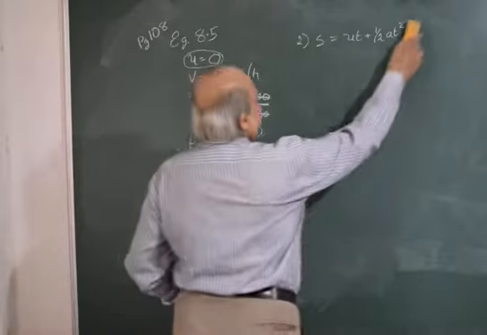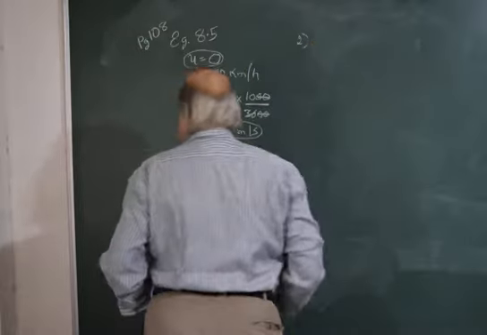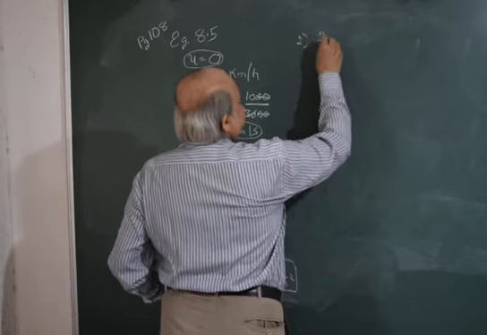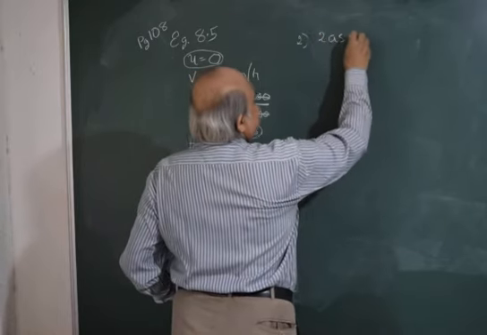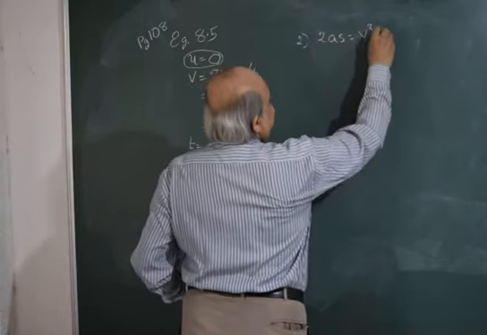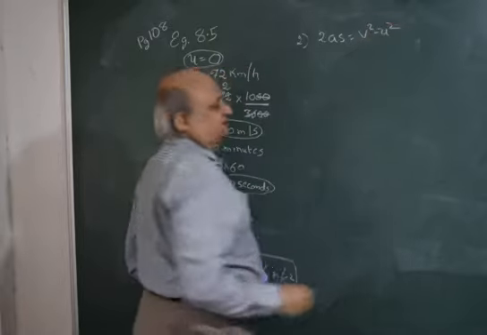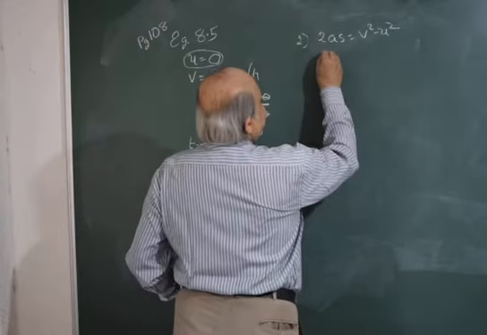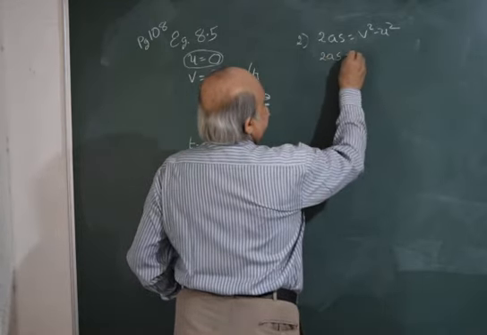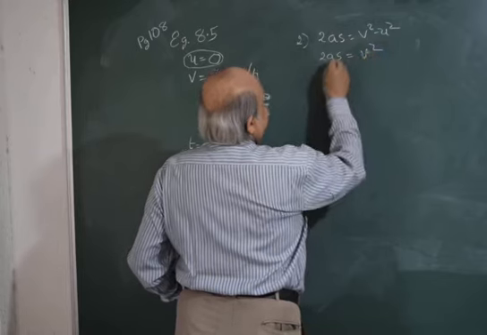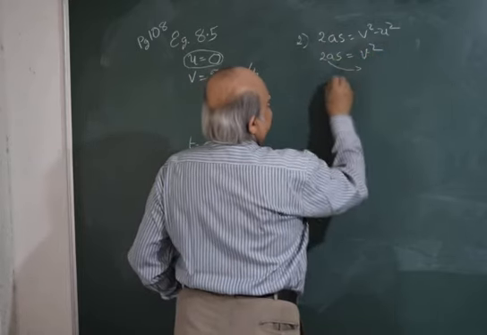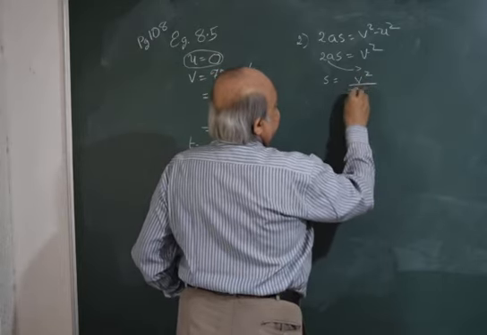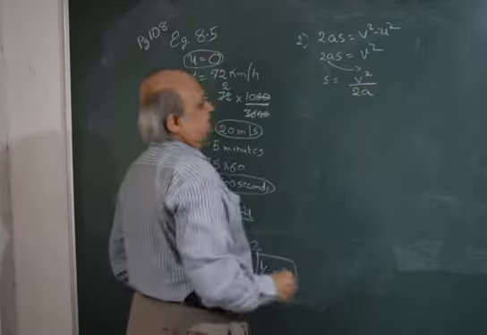So instead, we use 2as equal to v square minus u square. Now we know that u square is 0, so we can say 2as is equal to v square. Bringing this down there, we get s equal to v square upon 2a.